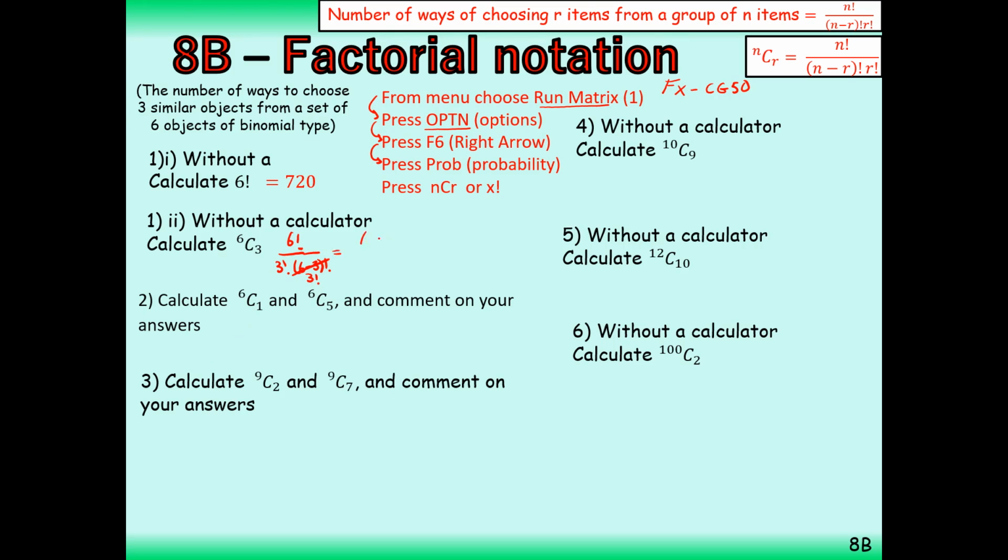So I write 6 times 5 times 4, and then I know the next number is 3 times 2 times 1. What was 3 times 2 times 1? It's 3 factorial. I'm going to keep it like that because I've spotted I have a 3 factorial in the denominator, don't I? That 3 factorial there cancels this 3 factorial. And then I can write that other 3 factorial. Its expansion is 3 times 2 times 1.